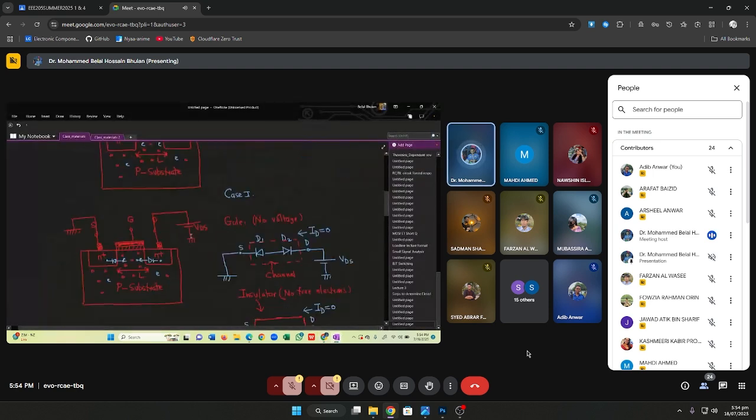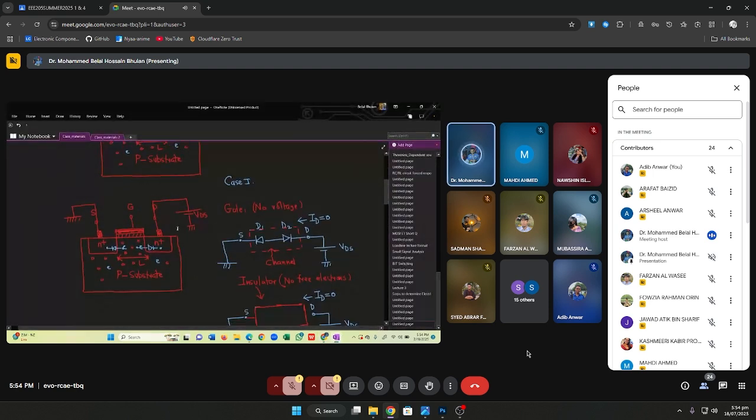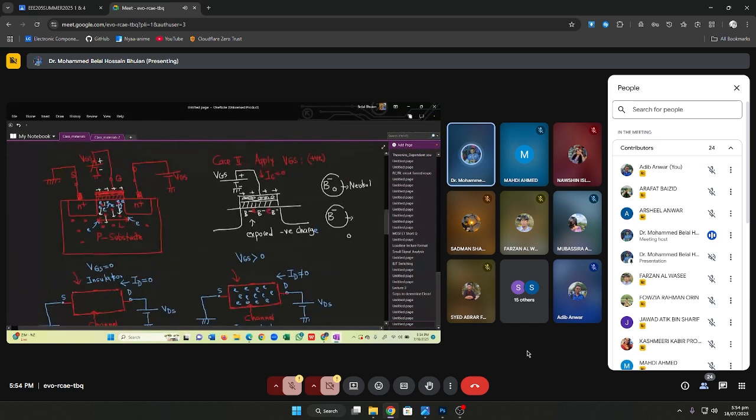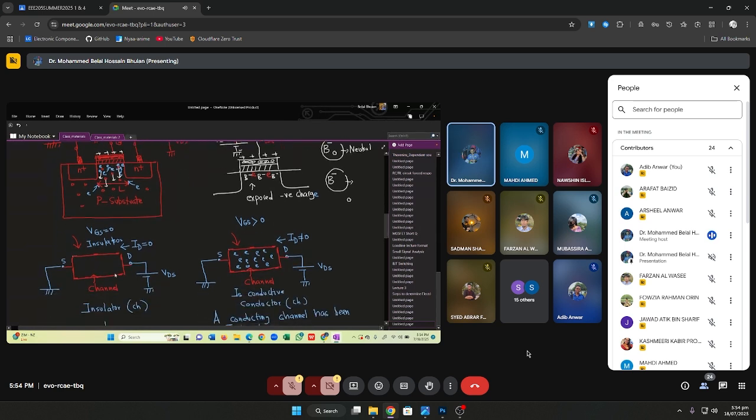You see what we did. I hope you got that point, that if I apply voltage at the gate, then by applying voltage I can change the conductivity of the channel region. When there is no gate voltage, it's like an insulator, so there should not be any current flowing from drain to source.